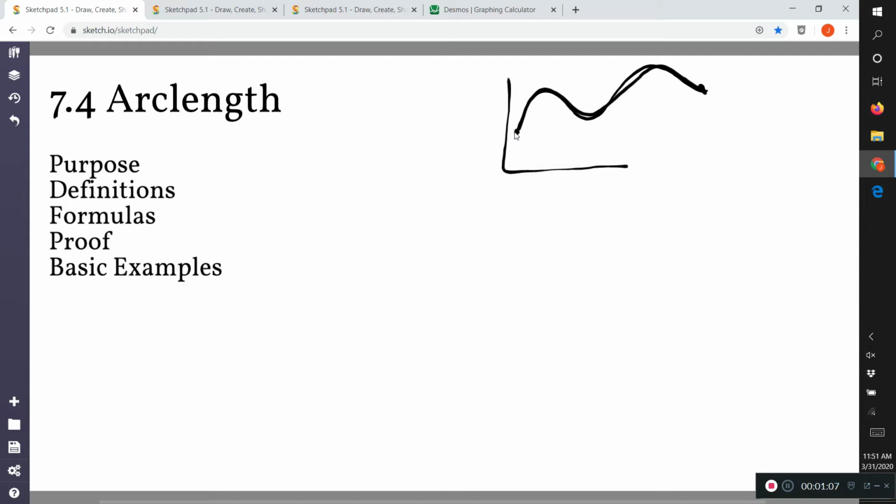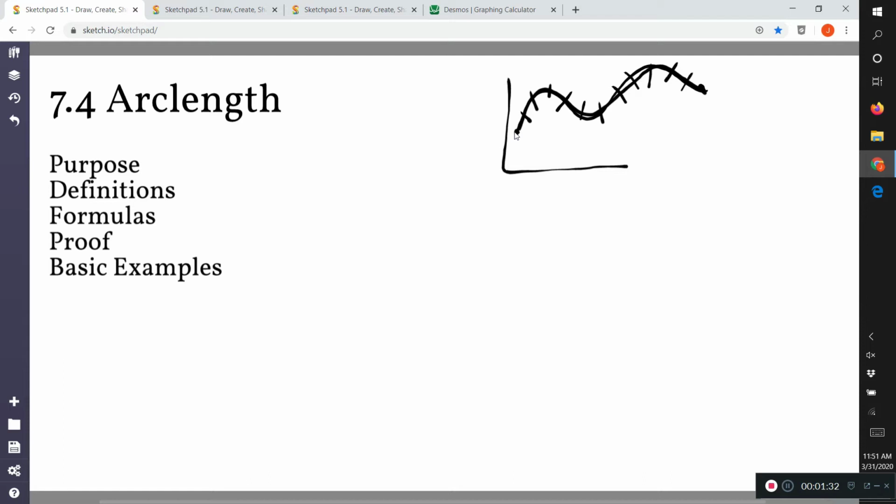A common application of this is software that does route planning, such as Google Maps. Basically, what it will do is it'll break up a long stretch of terrain into little increments, measuring those distances, and then summing them up.